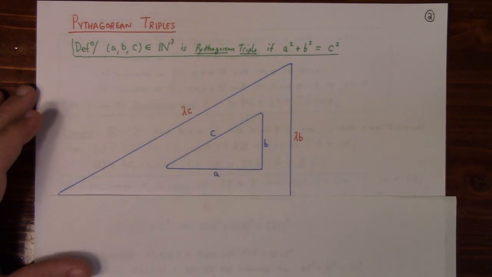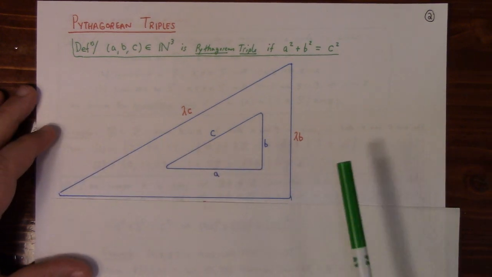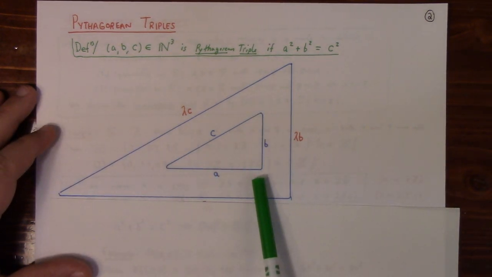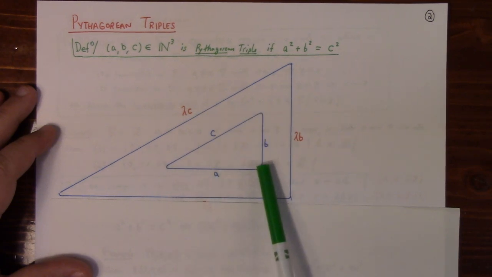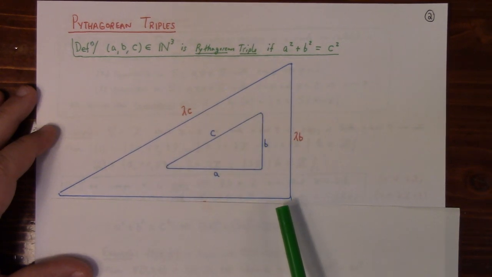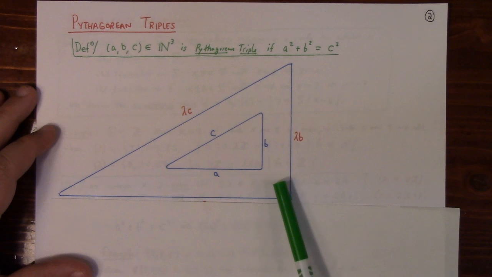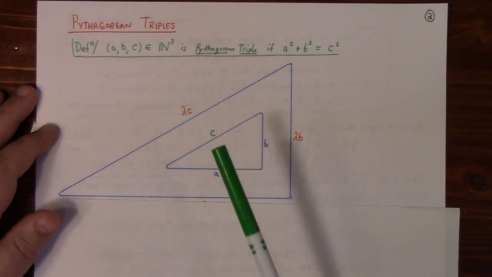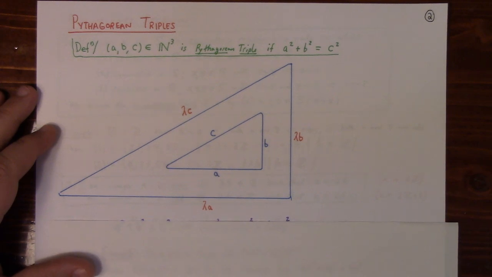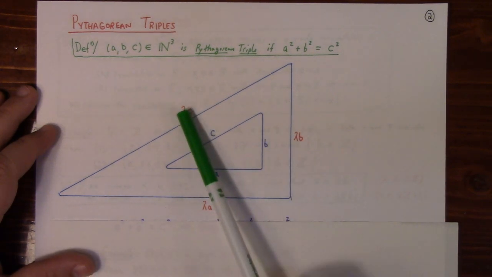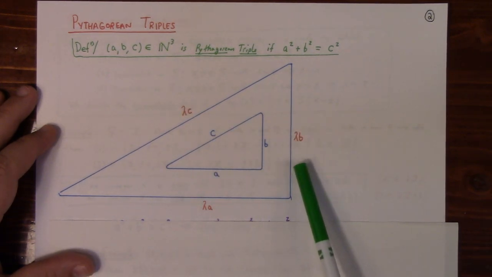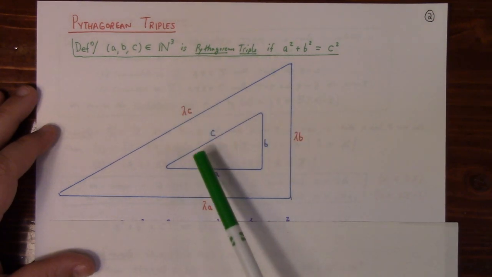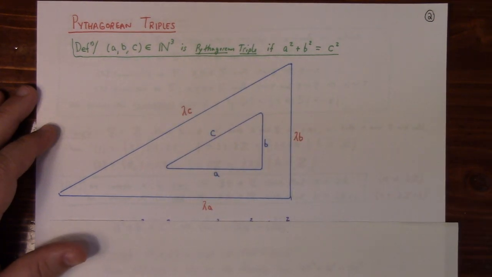You could think of a given triple as the blue triangle, the inside one, let's say. And you could rescale it: multiply this triangle by some positive constant lambda and make a bigger triangle, say by doubling the lengths of the sides or quadrupling or whatever.